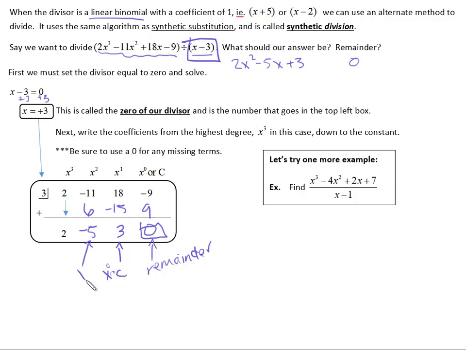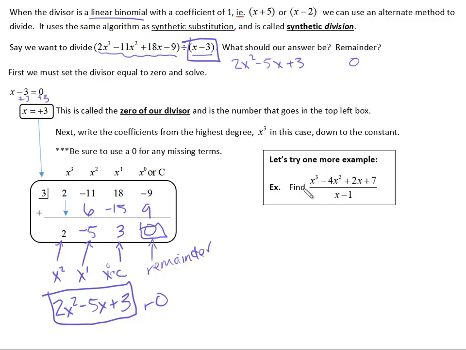This is the coefficient of x to the first. This is the coefficient of x squared. If there was another number, this would be the coefficient of x cubed, another one x to the fourth, etc. But this last number, it's always the remainder, then constant, x to the first, x to the second, etc. Okay, obviously we don't really have an x to the third term. That was just to cover some other cases. So as we write our answer, it's 2x squared minus 5x plus 3 with no remainder. And that's what we expected to get when we divided by the other known factor, x minus 3.